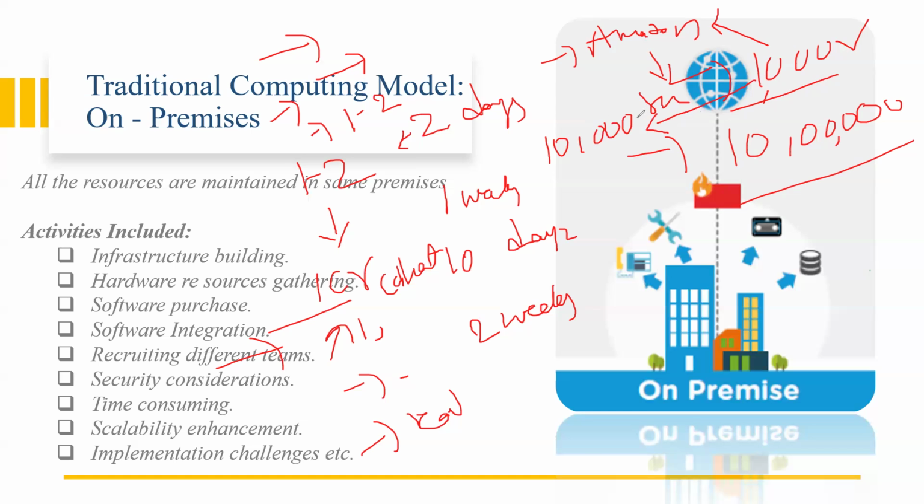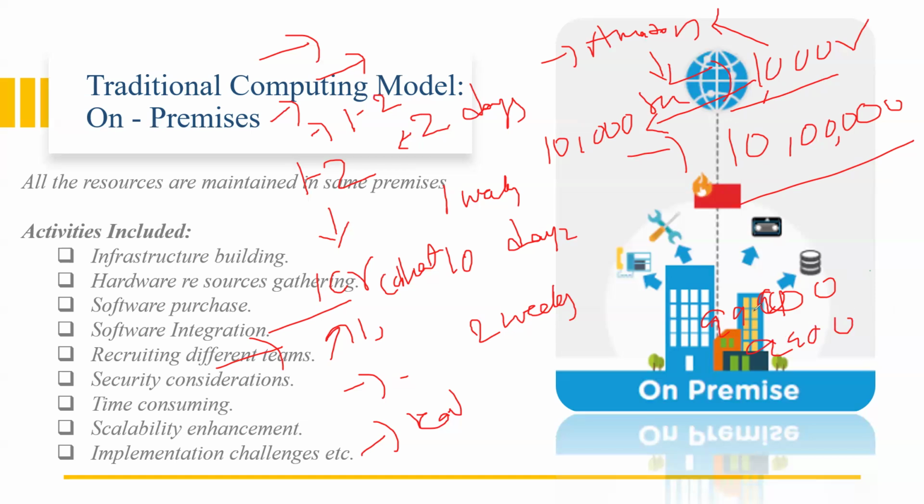Now you need to purchase, for example, 9,000 servers.